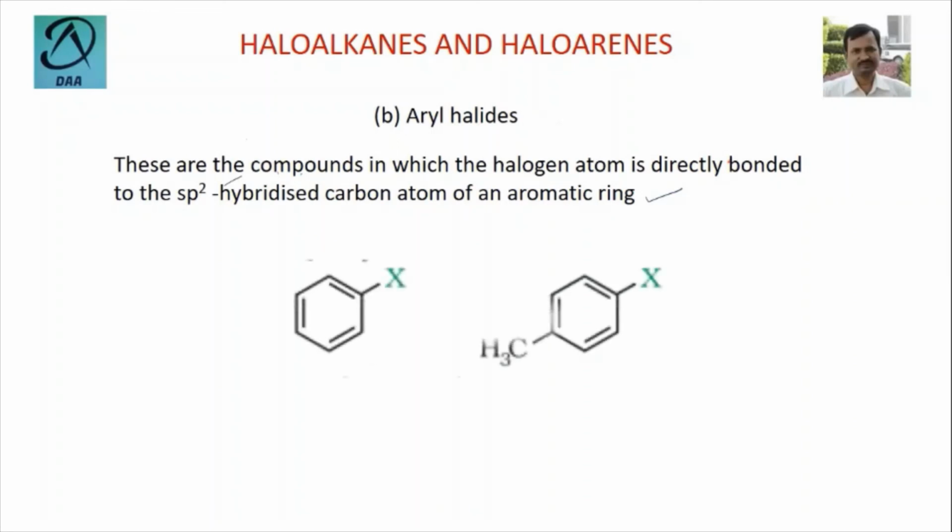Example, you can see that this halogen atom is directly attached with this carbon of the aromatic ring. And this carbon is also sp2 hybridized because an adjacent double bond is there. This carbon has a double bond also. And in this case also, in the same way, this carbon is sp2 hybridized and it is directly bonded with the halogen atom. And this type of compound is called the aryl halides.